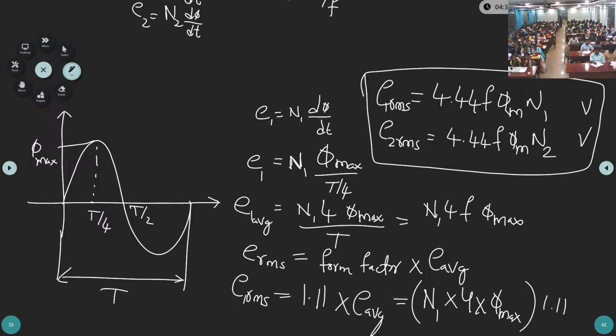So the primary induced EMF depends upon the primary number of turns, and the secondary induced EMF depends upon the secondary number of turns, that is N2. If we require less voltage, what do we have to do? In the secondary, we will have fewer turns. 230 to 9 volts we are converting. How? Simply, in the secondary we have a few turns. Write down that formula. We'll do the problems now.